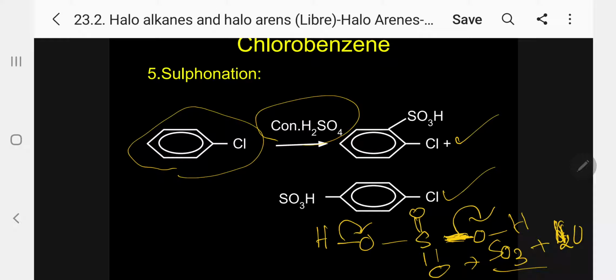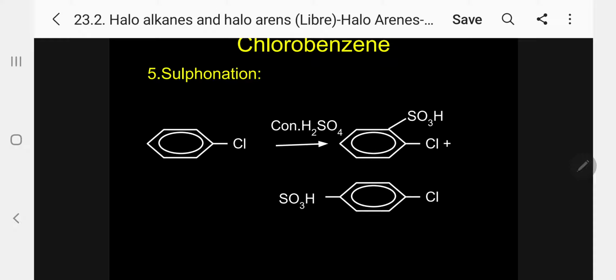So one important piece of information I want to convey here. We have seen 5 reactions, electrophilic substitution reactions, that is alkylation, acylation, halogenation, nitration. In all 4 cases, the electrophile is a positive species, whereas here it is the neutral SO3 that is attacking. Please follow.